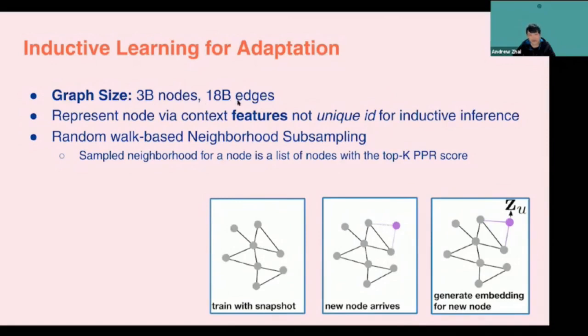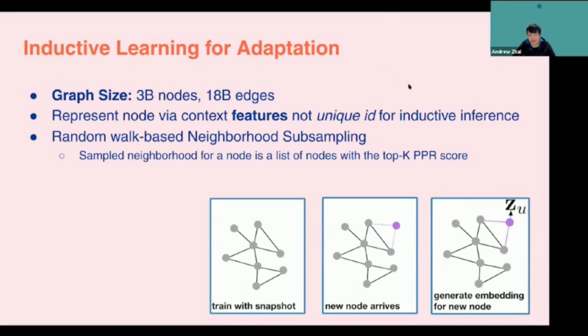Here, we're interested in inductive learning. We don't want to represent a node just by its ID. We want to represent a node by its features. And this is because we get new content on Pinterest every second, and we need to make sure we can generate an embedding every second. A naive transductive model would require us to learn an ID for every node, where an ID is represented as an embedding in a lookup table.